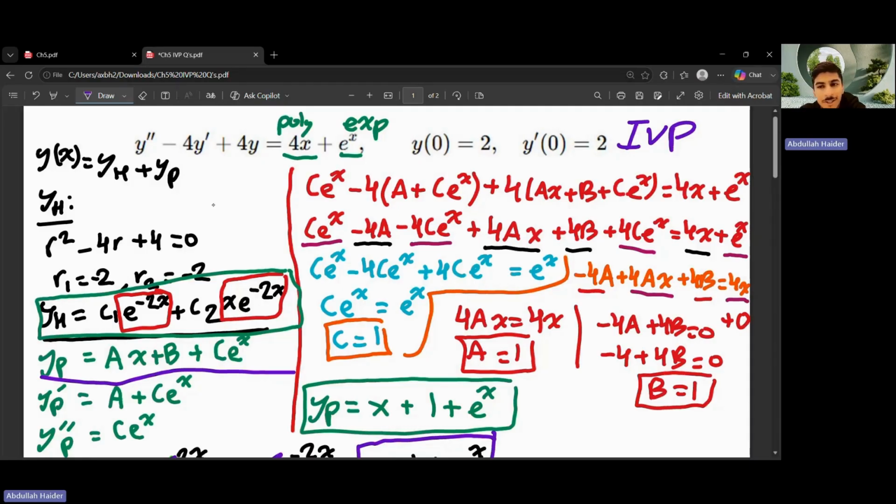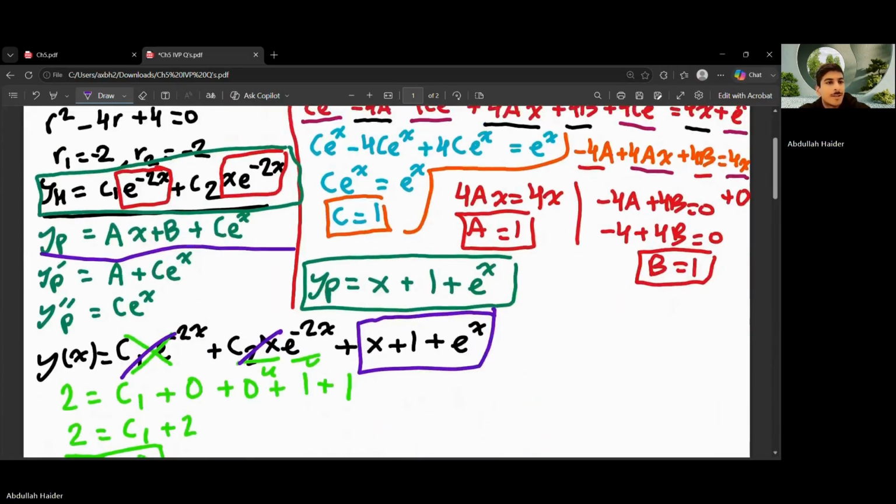When you reach the polynomial part, you equate the x with the x, and since there was no other number, you assume that this is 0. You do 4a minus 4a plus 4b equals 0. You find a, b, and c, and you will get your proper particular solution.